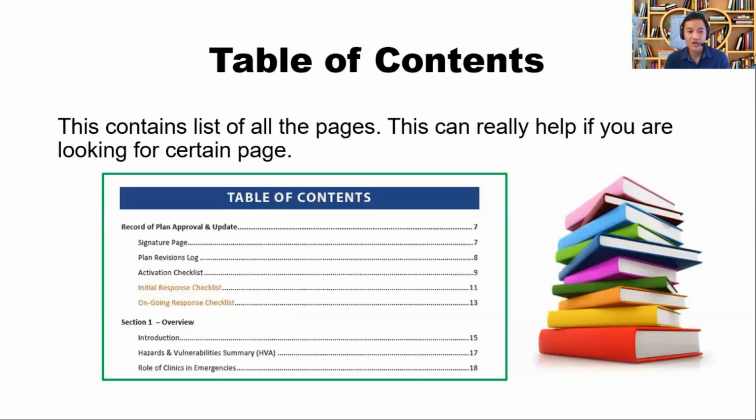We have the table of contents. The table of contents contains a list of all the pages of the book. This can really help if you are looking for a certain page. When you want to find a specific topic in a book, you can go to the table of contents. Then you can easily find what page has the specific topic that you want to see.